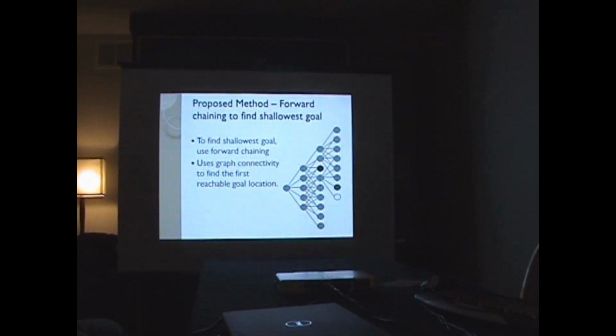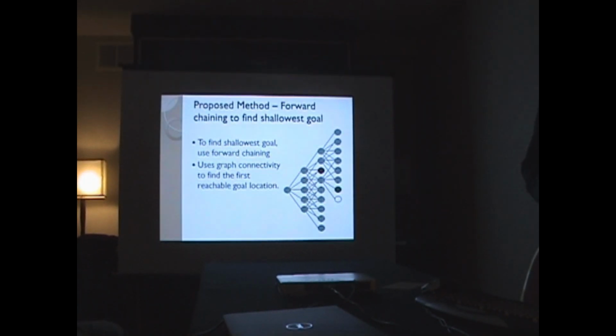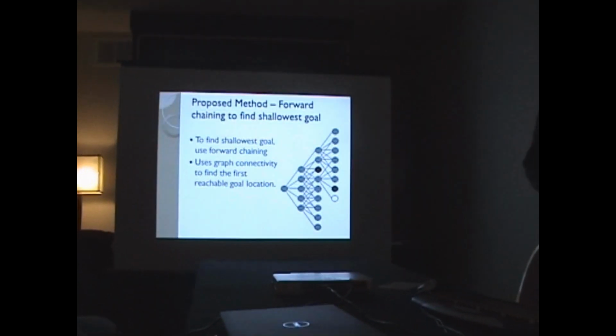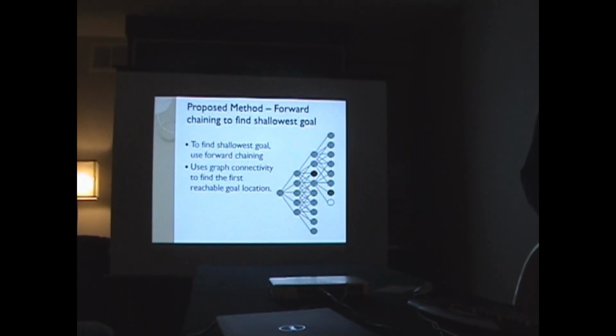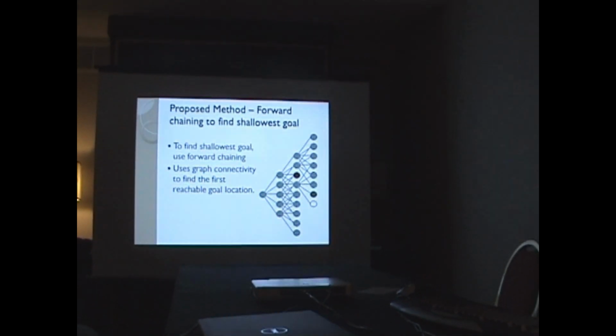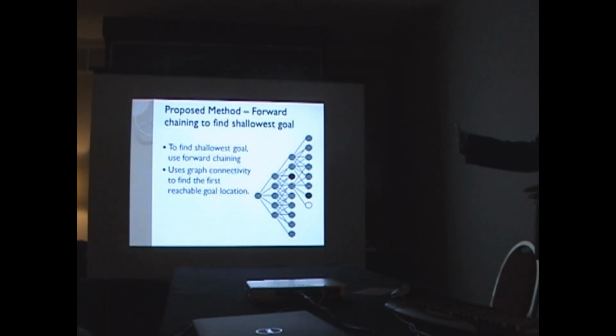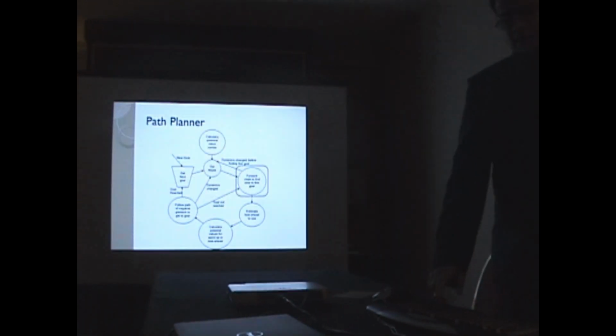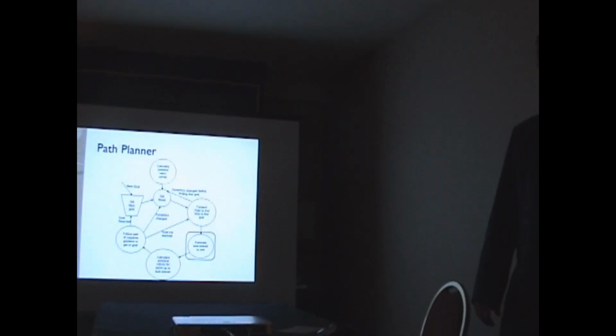This simply uses graph connectivity to find the first reachable goal. The depth to which we traverse in the tree gives us the time taken to reach the shallowest goal.